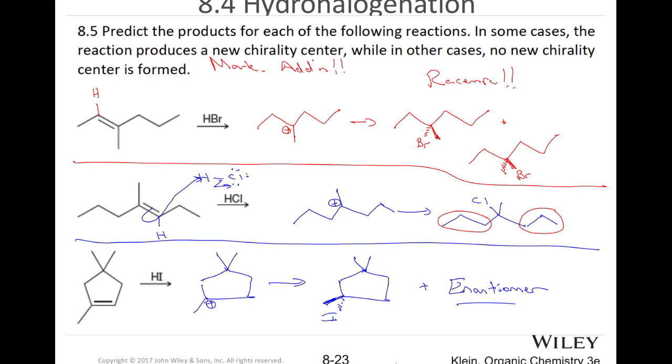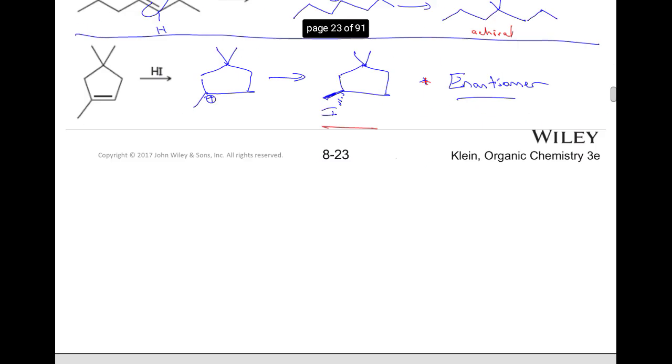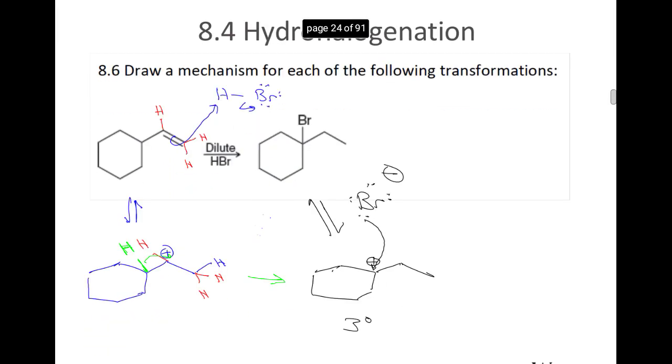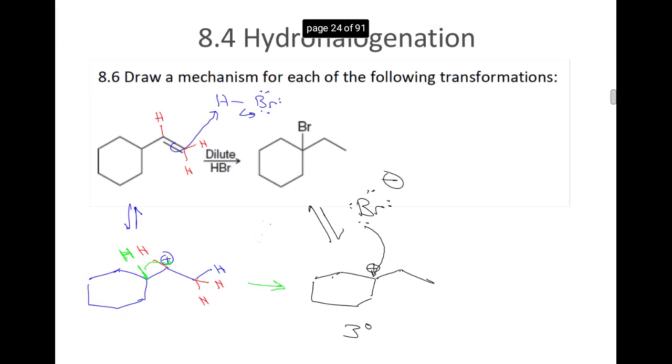So that compound we could just write achiral by it. And then the last one, usually in the book, instead of drawing the structures of both enantiomers, it will usually just draw one of them like this and then just say plus enantiomer as well. And on a quiz, that would be perfectly acceptable. Just write one structure and then put plus the enantiomer. Totally acceptable.